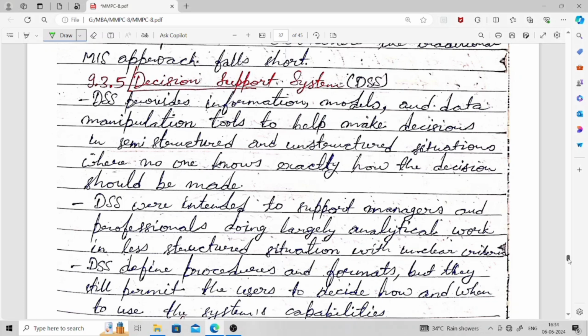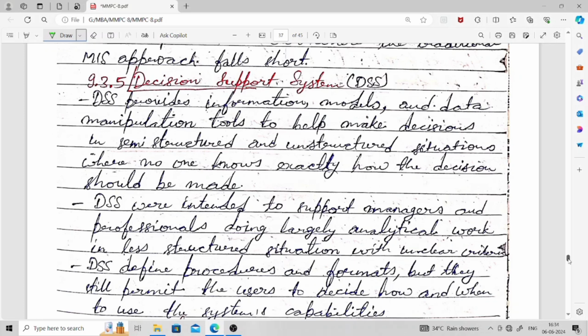So DSS is particularly helpful in semi-structured and unstructured situations where no one knows exactly how the decisions should be made. It provides information models and data manipulation tools to help make decisions.